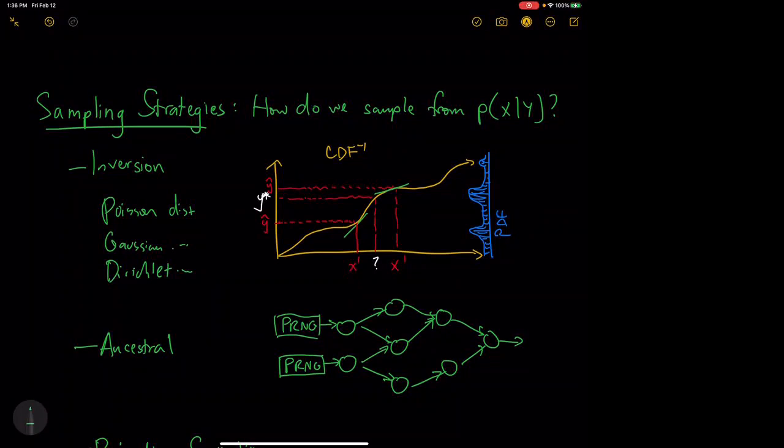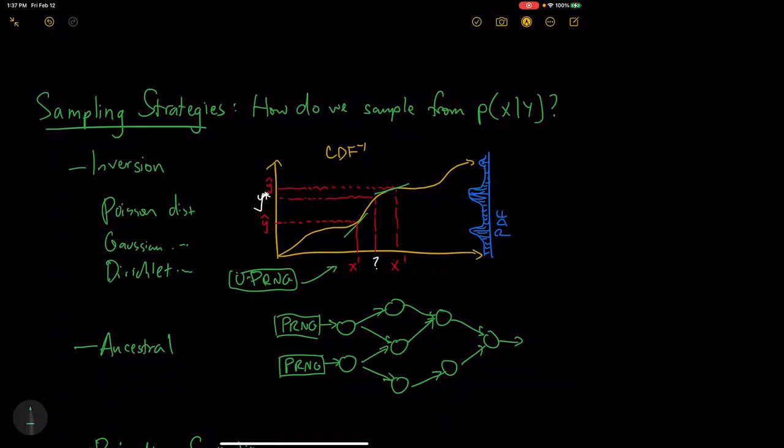That is, you'd like to be able to take a uniform random number generator, which we'll call U, P, R, N, G, and this gives us values along this axis.